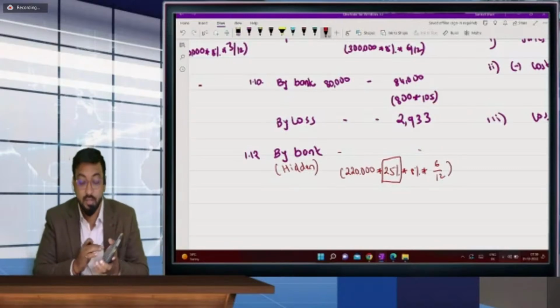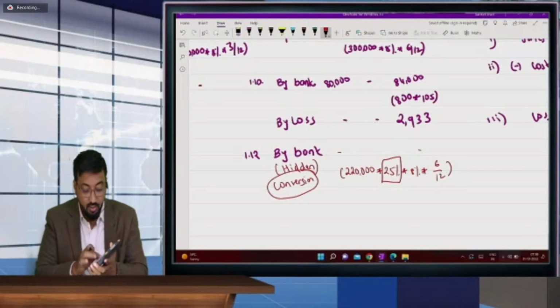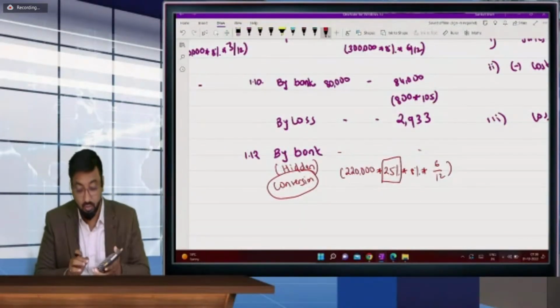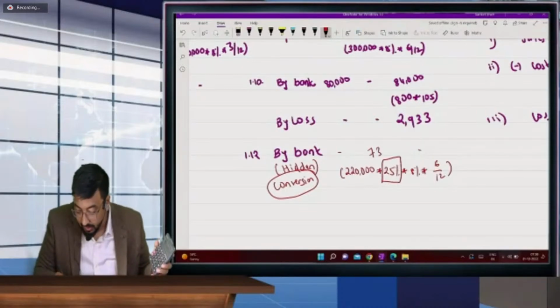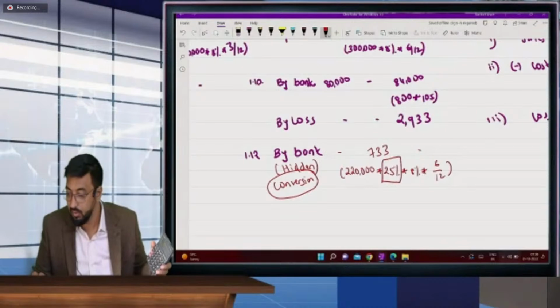So hidden interest only for conversion. So those debentures which are getting converted, 25% of 2,20,000, so this is 55,000. 55,000 into 8% divided by 6. So correct answer is 733. 75% you are going to continue now, my friend. Understood?